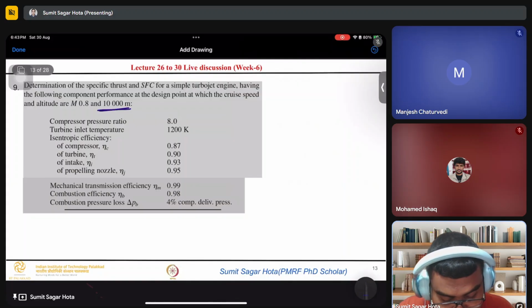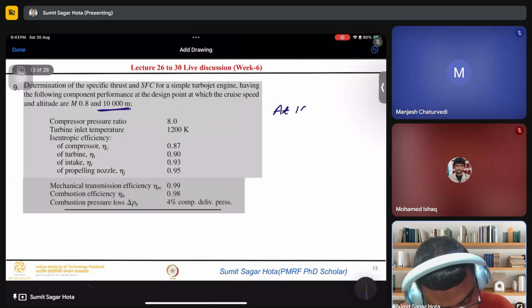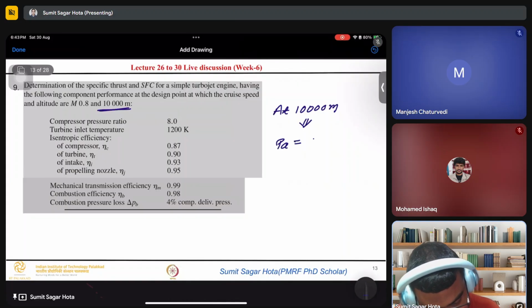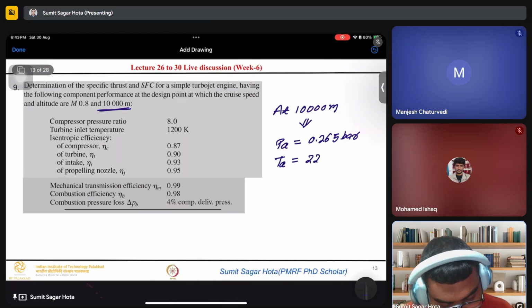So the things they should give at 10,000 meter: PA should be 0.265 bar, TA should be 223.3 Kelvin, and the speed of sound will be 299.5 meter per second.